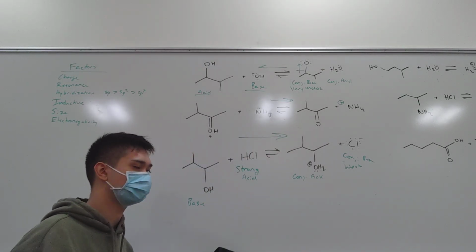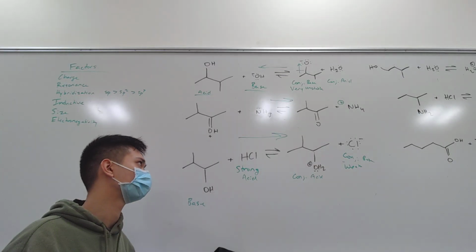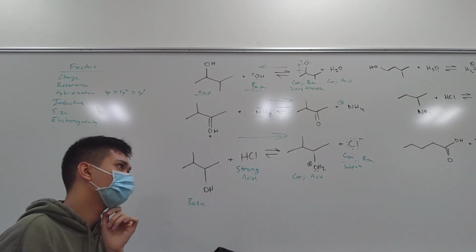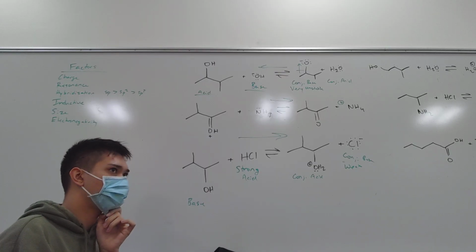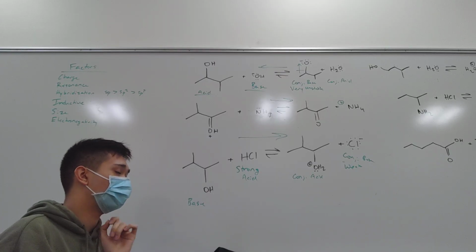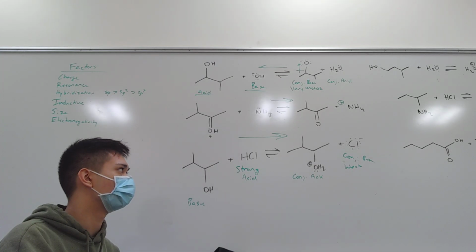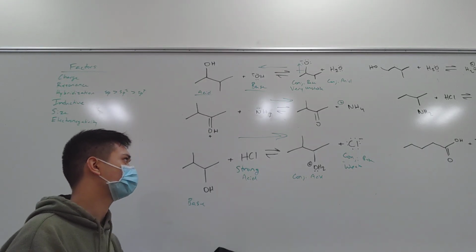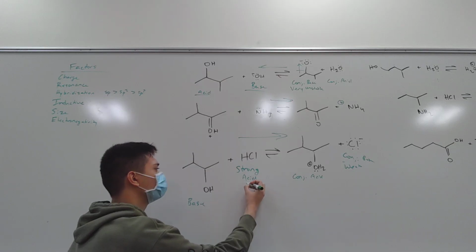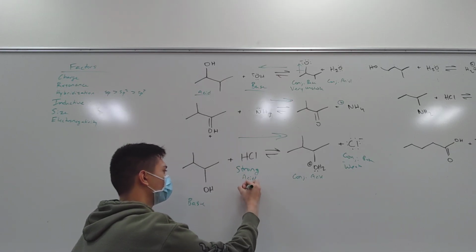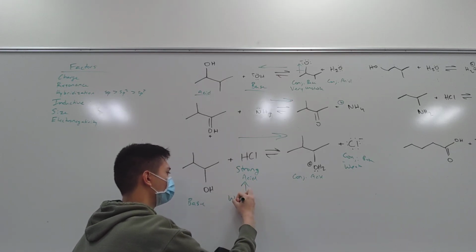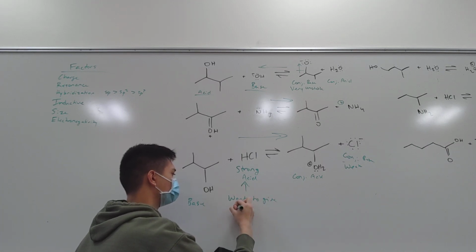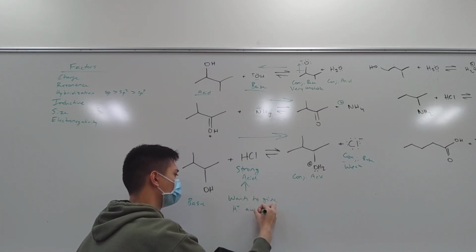And that's just reasoning it based off of the acid here. In other words, we want to look at who wants to give up the proton more, this hydrochloric acid or this conjugate acid. And we can see that this chlorine in the hydrochloric acid wants to give H plus away.